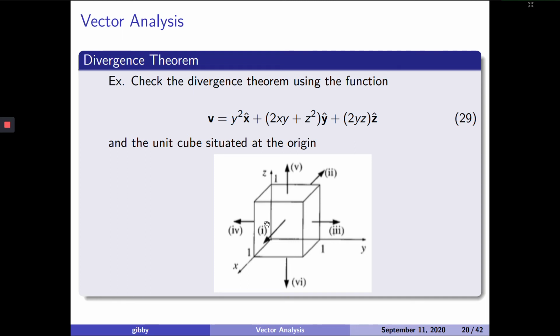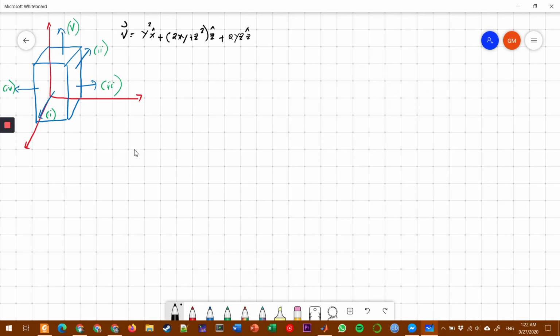So let's try to solve. So this is our problem. We want to check the divergence theorem based on this given vector function, and the cube here. This is the same cube that we had in our previous example.